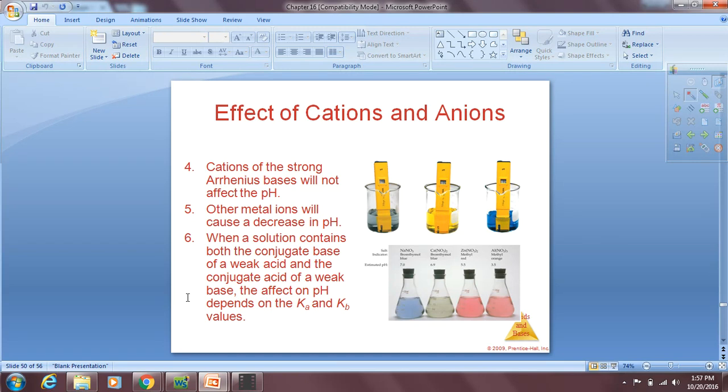Cations of strong Arrhenius bases do not have an effect on pH. Metal ions decrease pH, making the solution more acidic. And when a solution contains both the conjugate base of a weak acid and the conjugate acid of a weak base, the effect on pH depends on Ka and Kb, so whichever is stronger.